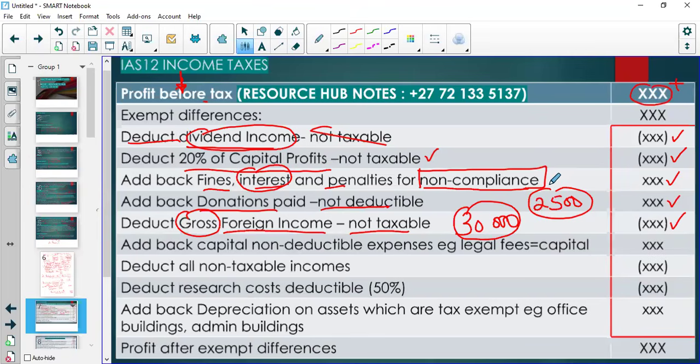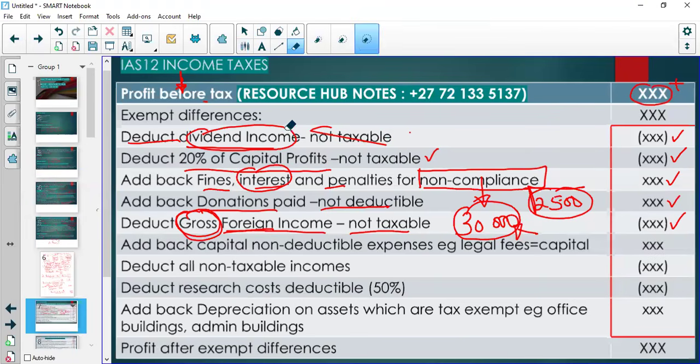The question could say they received 30,000 after payment of 2,500. That would indicate this is net of taxes. Then you need to add back the taxes because we want the full amount before tax, the gross foreign income, right?